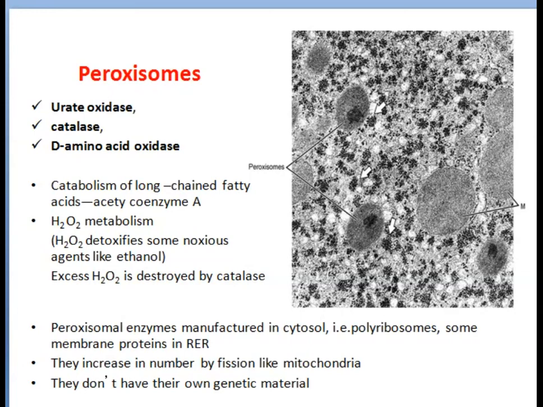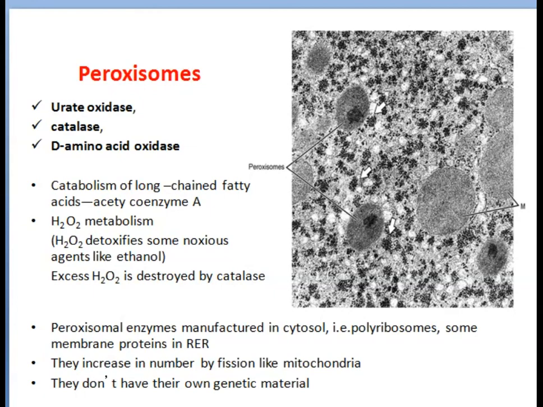Anabolic is related to production of cholesterol molecules, but the catabolic activity is catabolism of long-chain fatty acids to produce acetyl coenzyme A. Another function is the metabolism of hydrogen peroxide.